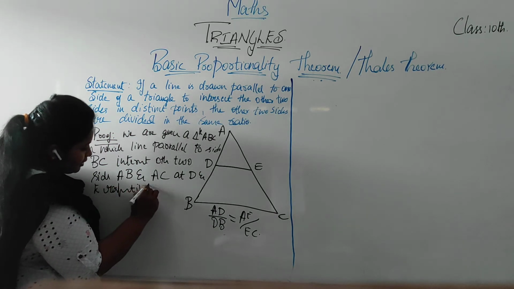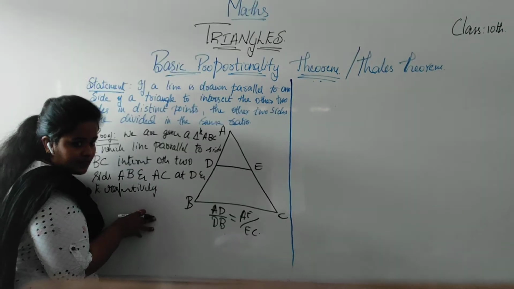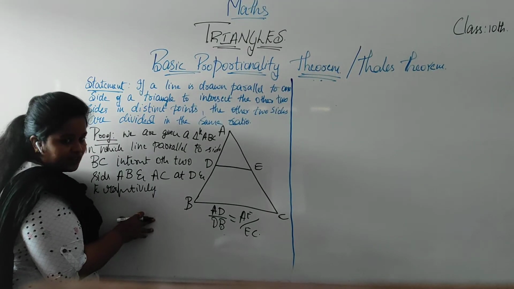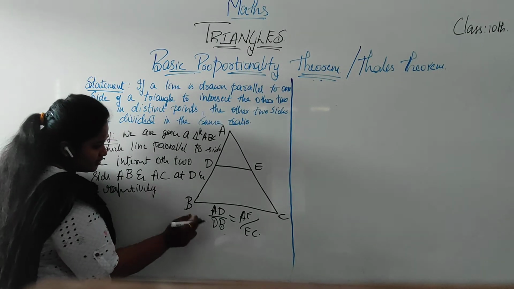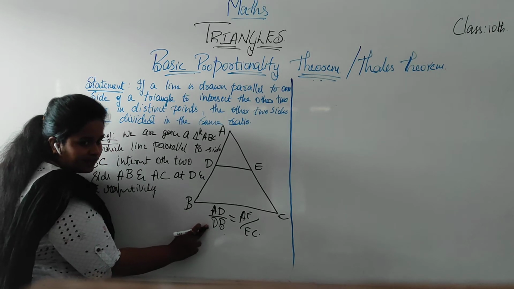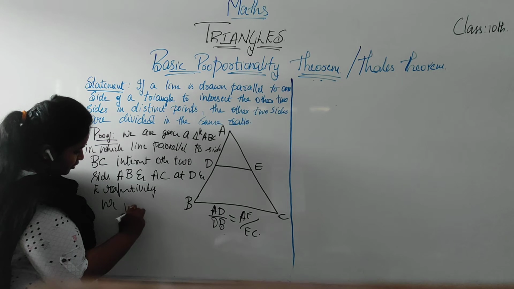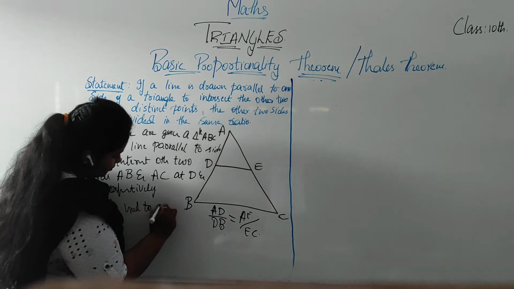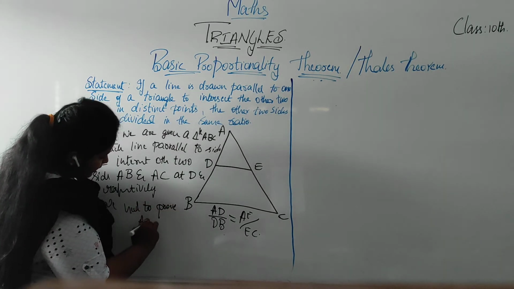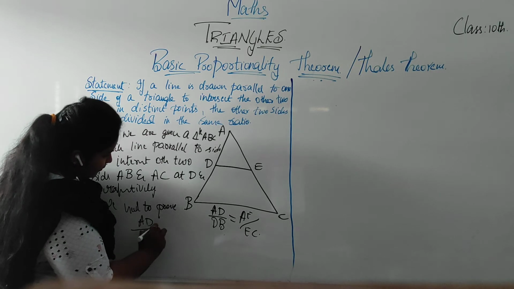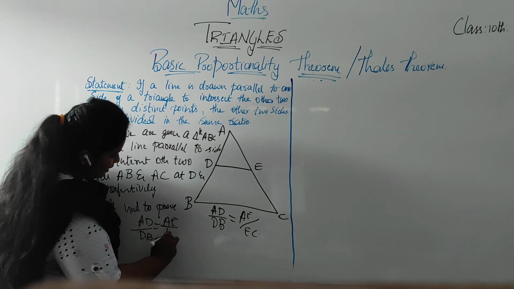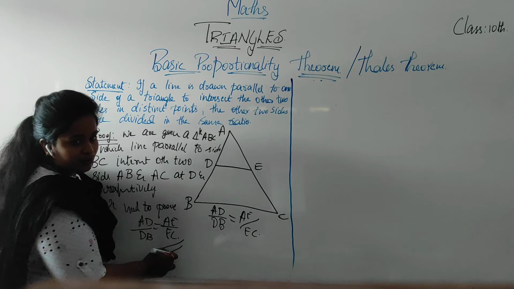Here we need to prove that AD by DB equals AE by EC. We need to prove this.